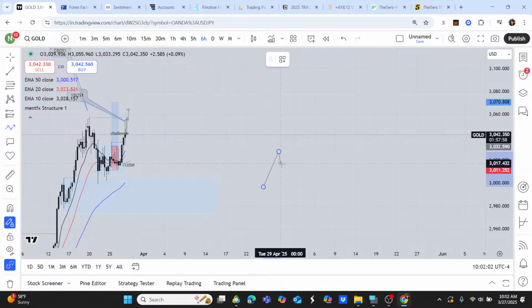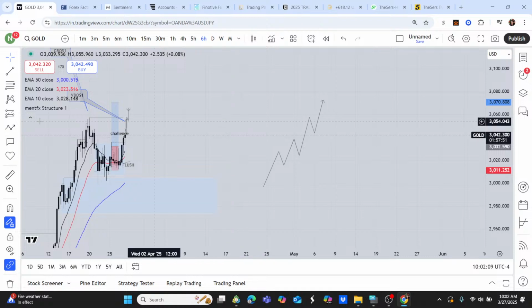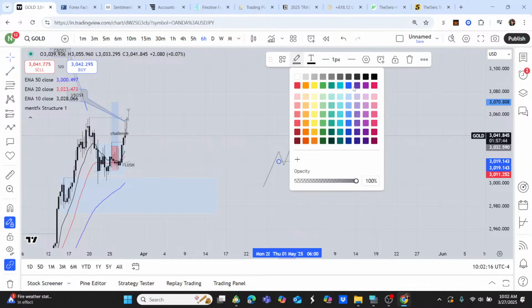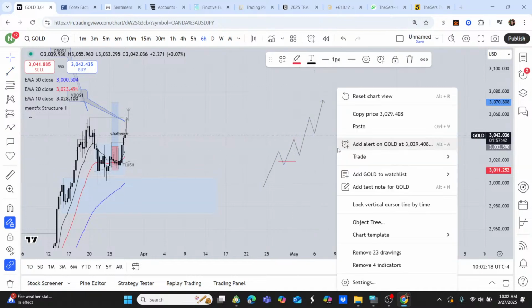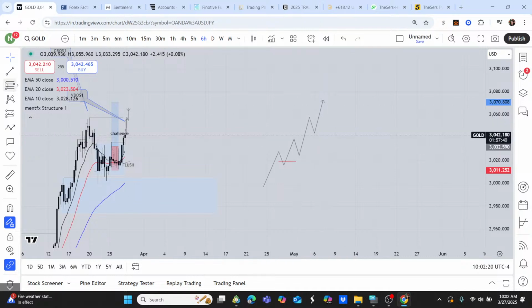So what do I mean by that? Basically, as structure is getting put in like this, let's just say we have multiple structures like that. Let's say you had an entry right here. That's your entry point. And say the current price is right here. As price is going up, instead of trailing with the most recent low that a lot of people may do, you trail with the second low right here.